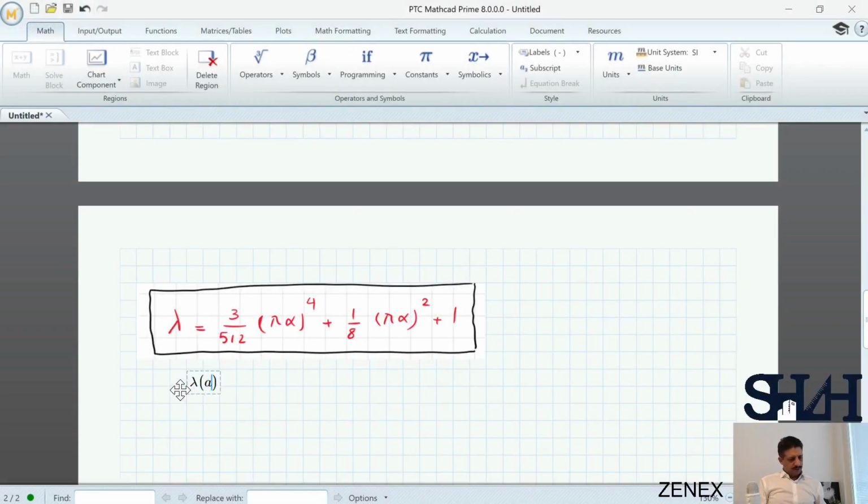Lambda as a function of alpha is 3 over 512 times pi alpha powered by 4 plus 1 over 8 times pi alpha powered by 2 plus 1.